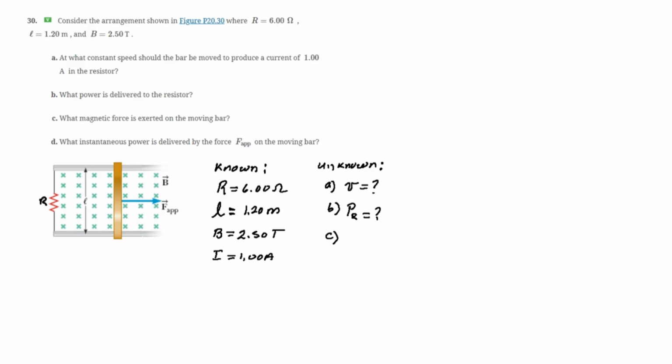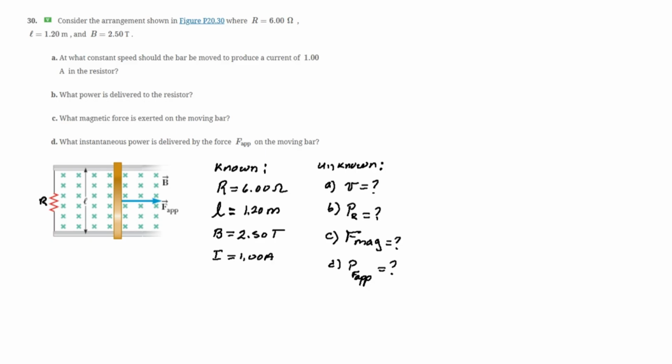In the third part, the magnetic force. And in the last part, the instantaneous power delivered by the applied force. These are the unknowns.